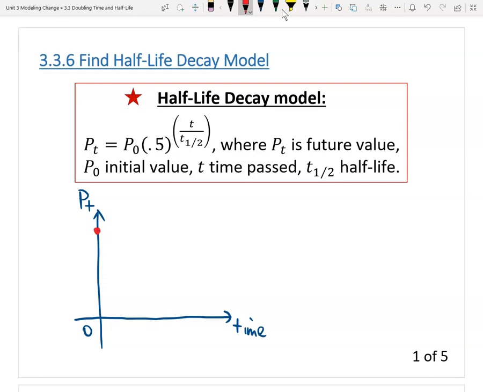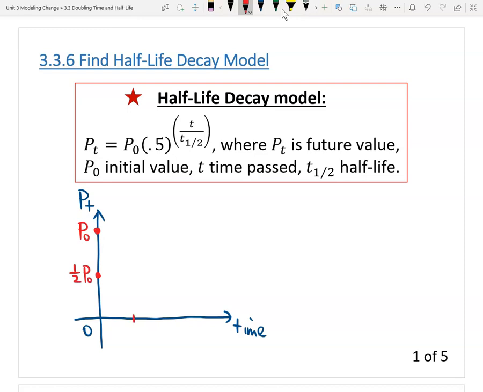Suppose the initial mass or initial value is P0 here, and then what is the half-life? Half-life means the time it takes for the value or the mass to go down to half, which is here. That's 1/2 times P0, right? How long? Let me put the time here.